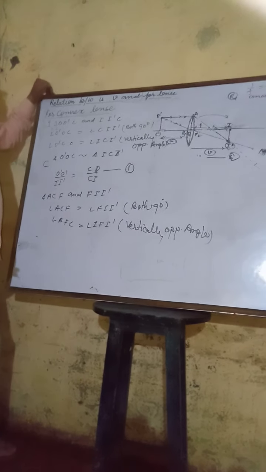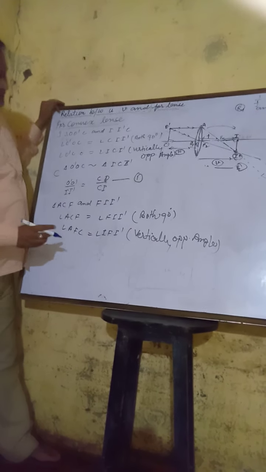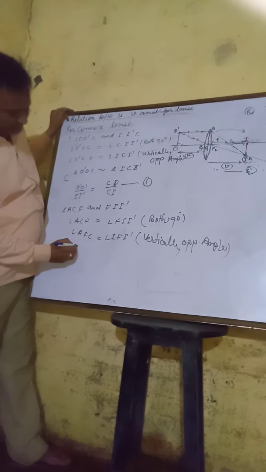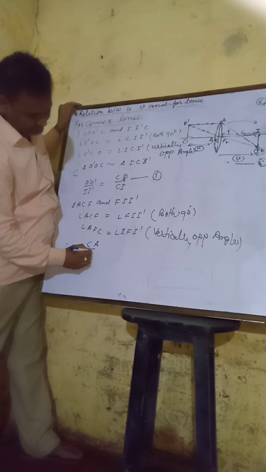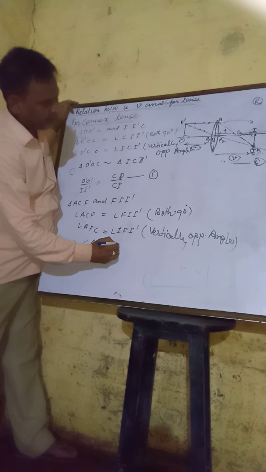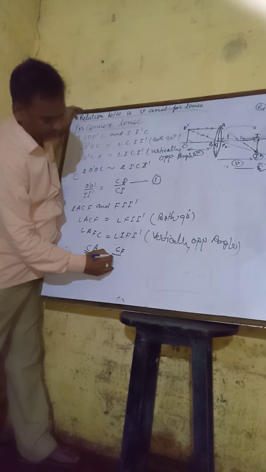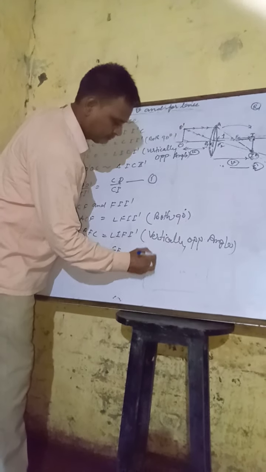Thus, if we write the relation from the similarity rule, we find CA upon II dash is equal to CF upon FI. It is equation number 2.